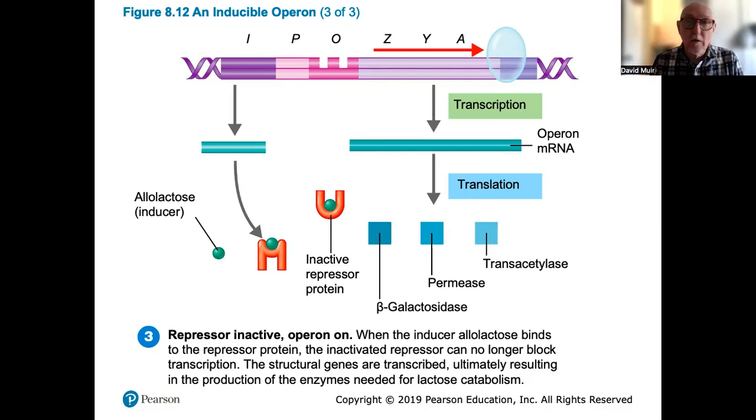When lactose is no longer present, both the lactose and the allolactose will be completely metabolized. And as soon as that happens, the repressor will return to its active form and bind here and shut the gene off. It's no longer needed if there's no lactose present. So this is our first kind. This is our inducible operon.